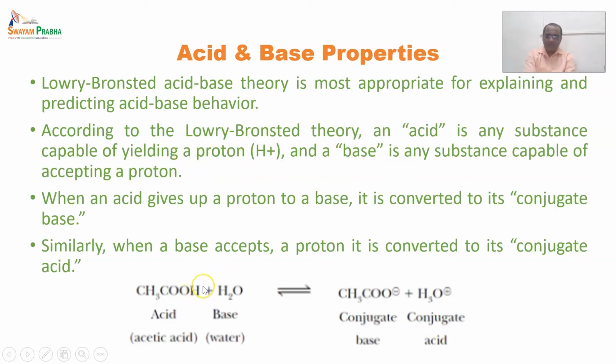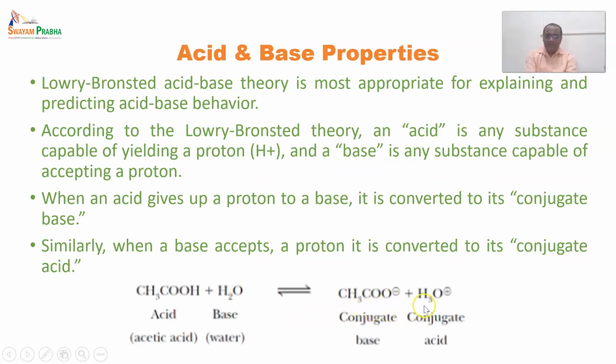It donates the proton, that is the H plus ion, and it forms a negative charge. This negative charge is formed because oxygen is more electronegative, and it takes an electron from the bond between hydrogen and oxygen towards itself, and the H plus ion is donated towards the base. A base is a substance capable of accepting a proton. So the negative oxygen accepts this positive hydrogen, and it forms H3O plus, which is the conjugate acid.